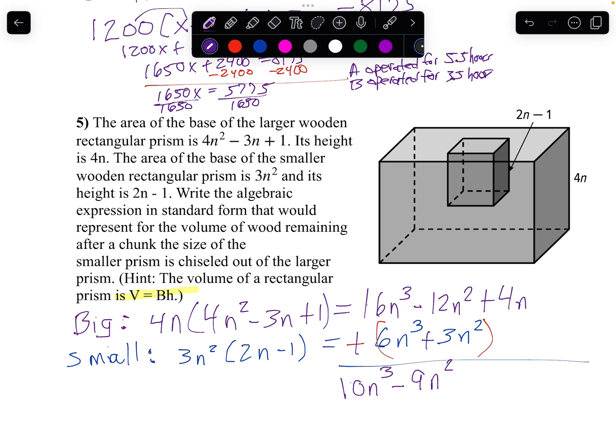There is no n to subtract, so I'll just say plus 4n. And there is my volume that remains. And they didn't give me any units, did they? So we're just going to write our answer as a polynomial, and that's going to be how it is.